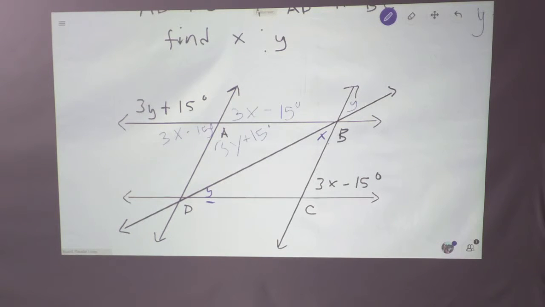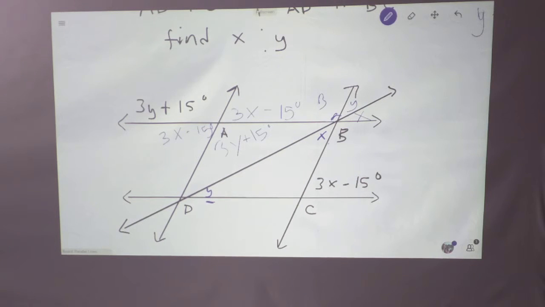And the x would go adjacent to it right there to make an angle. So y plus x is equal to 60 degrees. So that angle would be 60 degrees. And we need to find that angle to make it equal to 180 to make an equation.